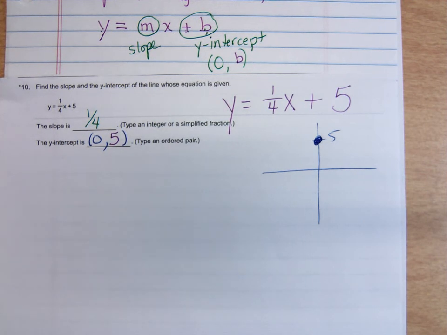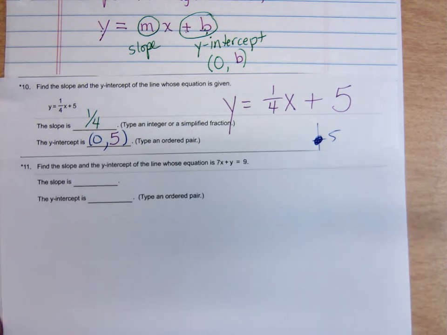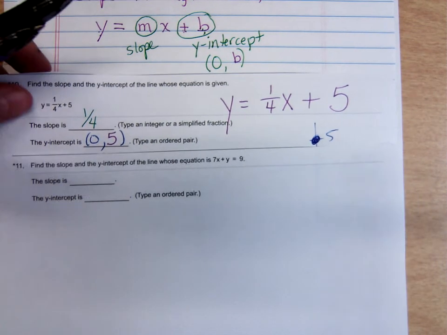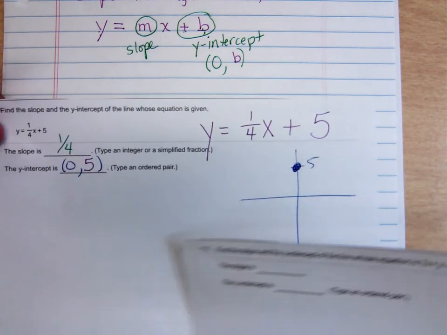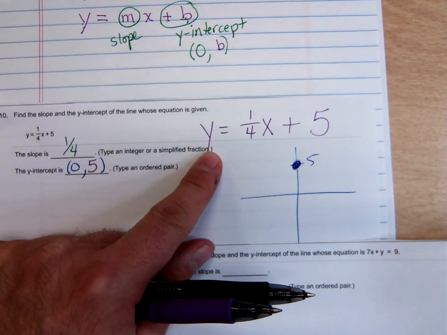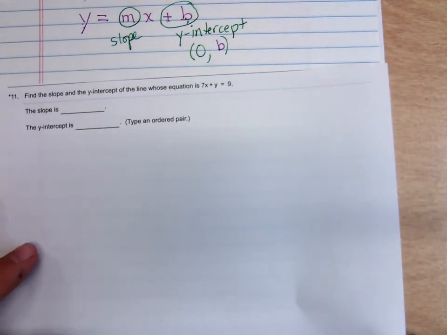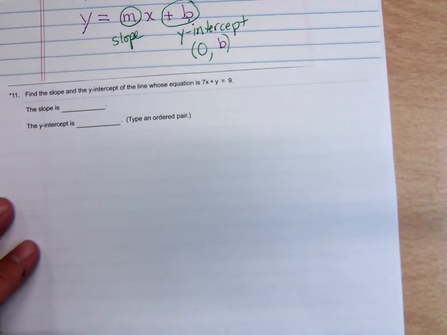Let's see, is there another one like this? Oh, it's going to be a little bit harder. It's pretty easy to find the slope and the y-intercept if it's written with the y by itself. The natural question is, what the heck do we do if the y isn't by itself?